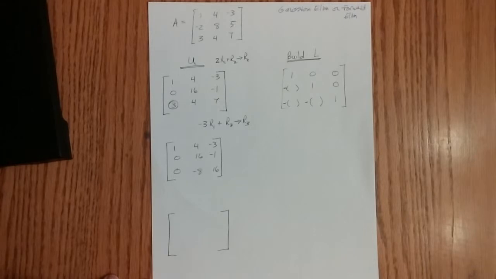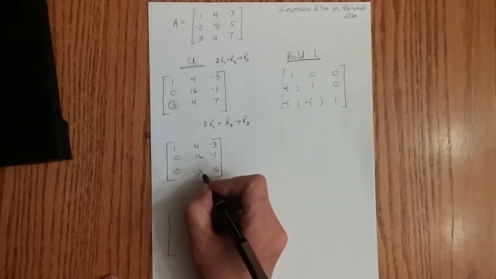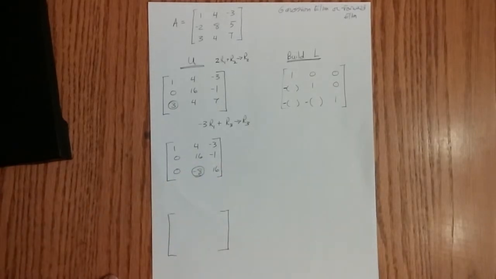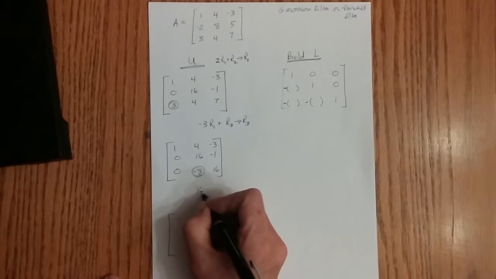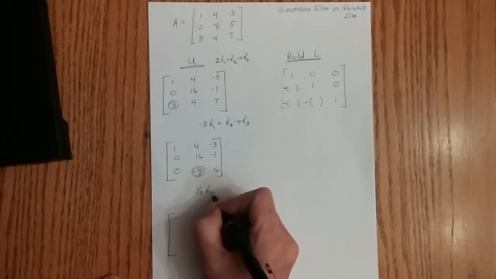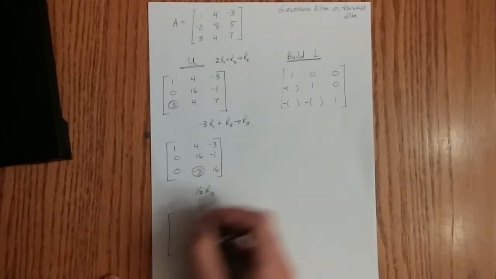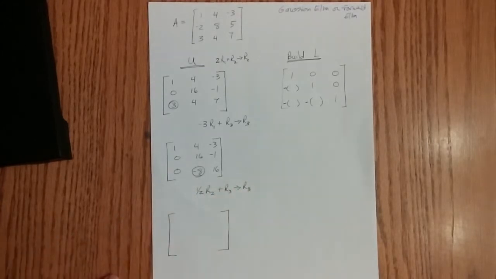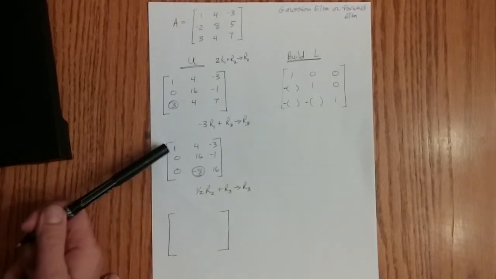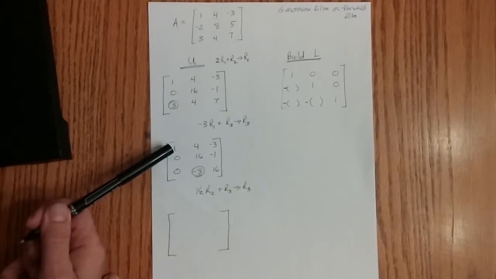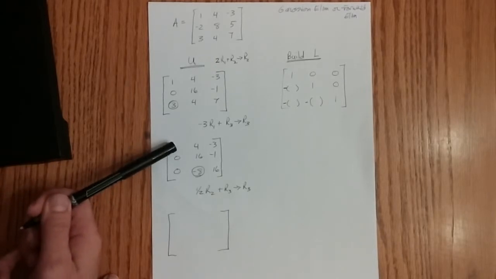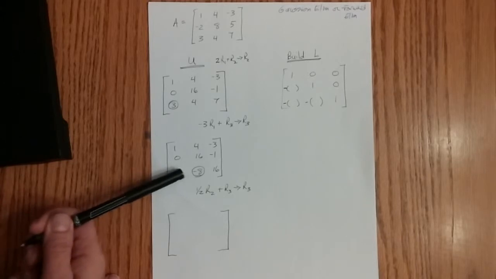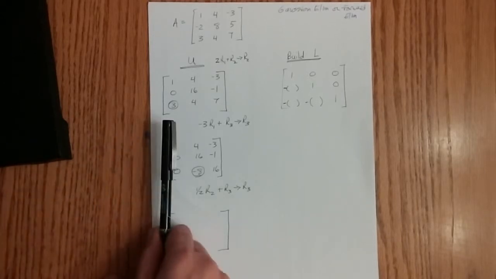And our final step for the Gaussian elimination for this LU decomposition is to get rid of this minus 8. We're going to do that by taking 1/2 of row 2 plus row 3 and replacing row 3. We don't want to go back up to the first row because that's going to introduce this 1 back down into this column.